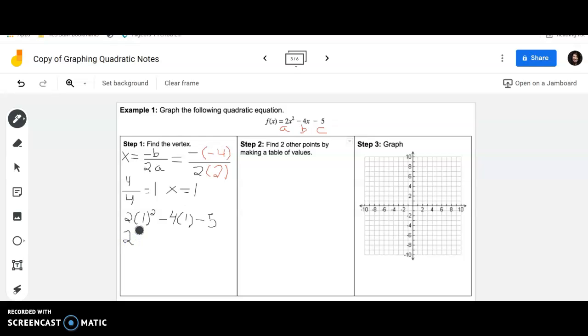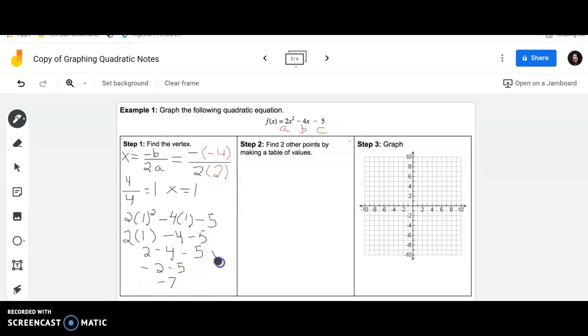So 1 to the second power is just going to be 1. Then we can go ahead and multiply. -4 times 1 is just going to be -4. Bring down our -5. We know that 2 times 1 is just 2 minus 4 minus 5. And then simplify. 2 minus 4 is -2, minus 5 is going to get us a -7.